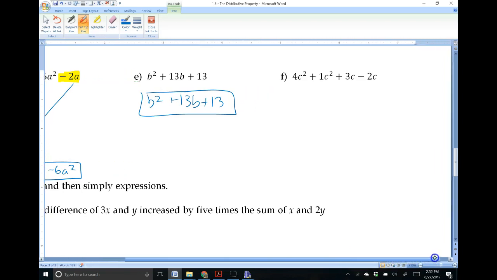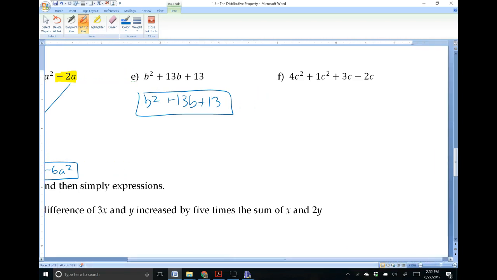Now for part F. Alright, the answer should be negative 6r. Ooh, sorry, wrong answer here. Let me write this out better. This should be 5c squared plus c. Okay? So there's definitely some things we can add up here, right?